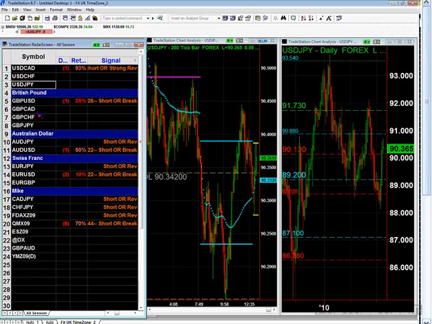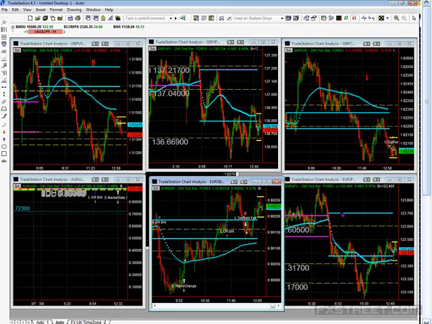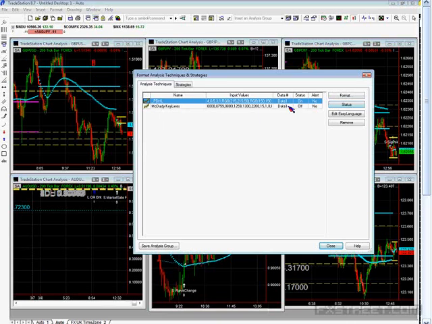Let's see the dollar yen. Also a very similar pattern with the dollar yen. I have the momentum to the upside. We're sitting above. If it gets above the 90.40, I'm going to be a buyer also. Pound CAD. Put the pound CAD over here.